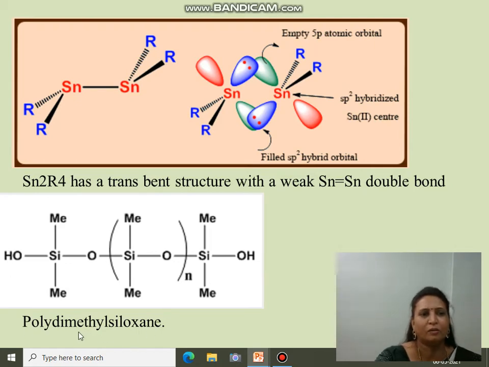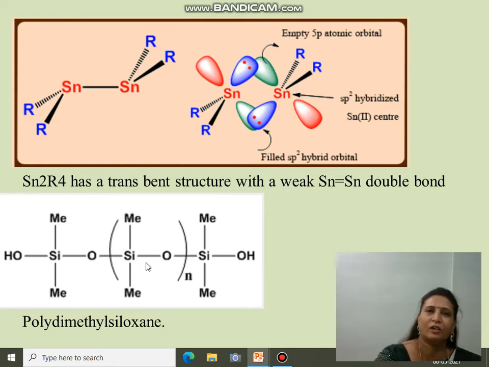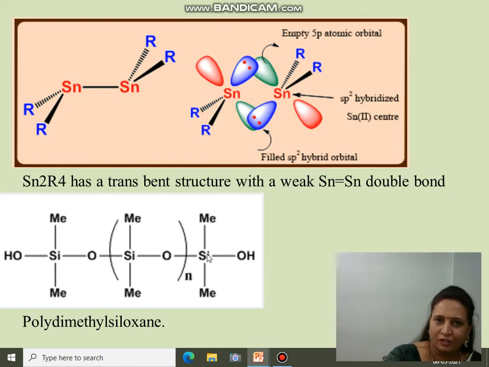This is the example of polydimethylsiloxane, where here is a silicon, but instead of silicon a tin can also be present, and it also shows this type of polymerization. So organotin compounds also show this type of polymerization.